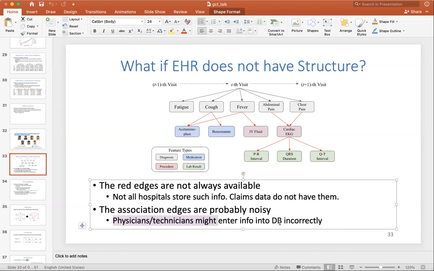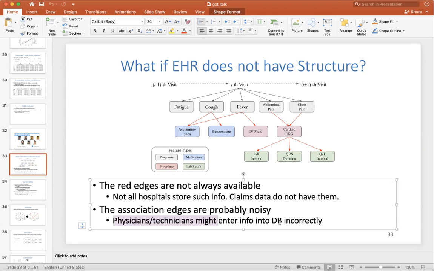You don't really want to bother with why you want to order a medication. So they just put anything into the database, some random disease, some random diagnosis code, just to order medication or a procedure.